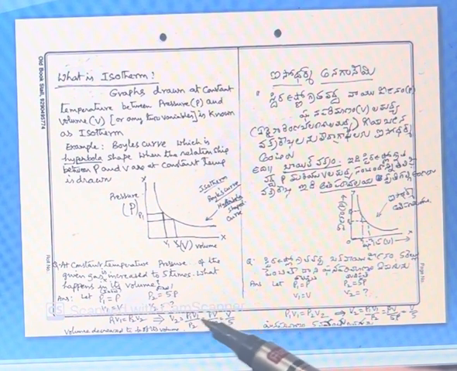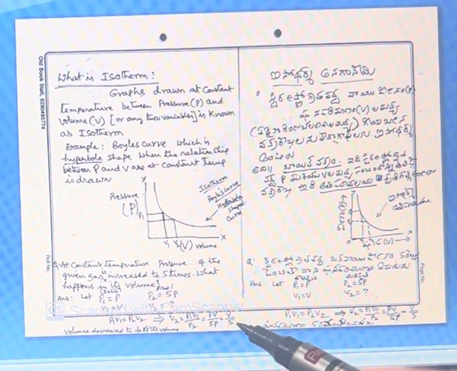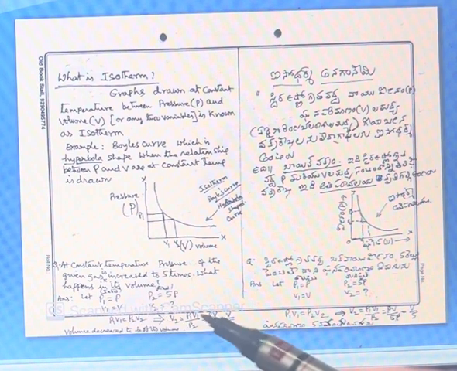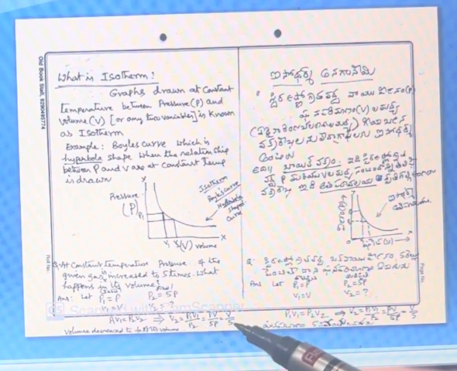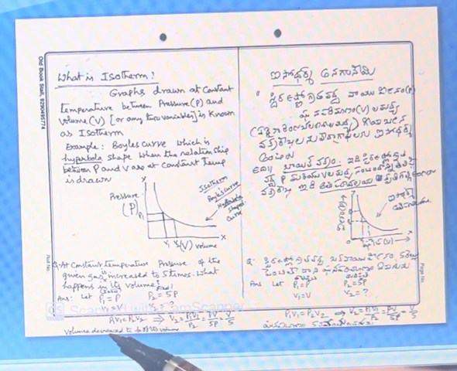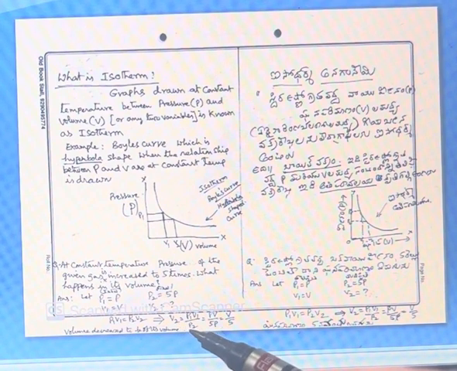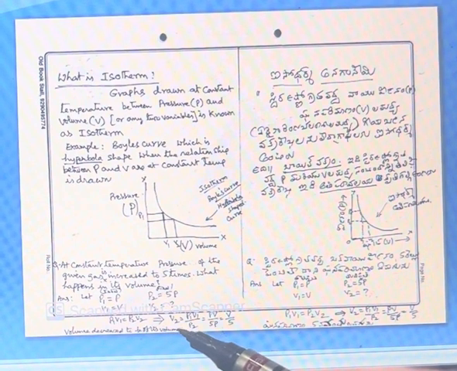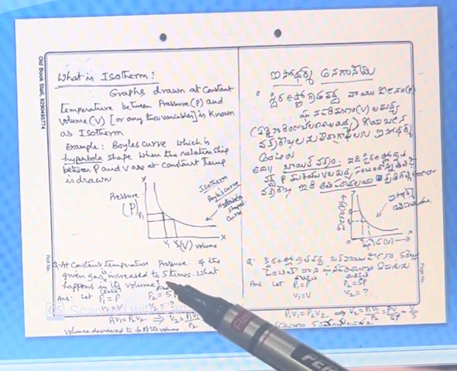P cancels out, and you get V by 5. That means V2 is the initial volume times 1 by 5. This is the answer: the volume decreases to 1/5 of the initial volume when the pressure is increased to 5 times.